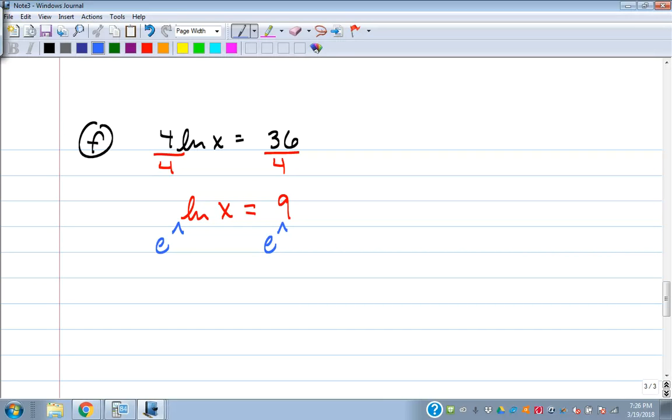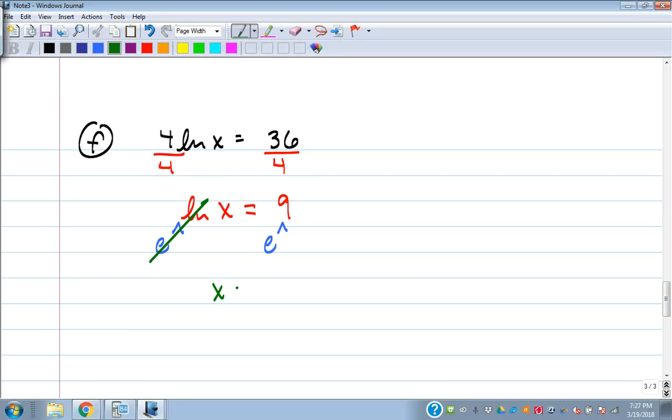Here's the beauty of that. When you do the base being e, this little symbol here is just a caret symbol saying this becomes an exponent. e raised to the ln of x, the ln and the e cancel each other out. So when you use the base of that log to exponentiate, they cancel one another out.